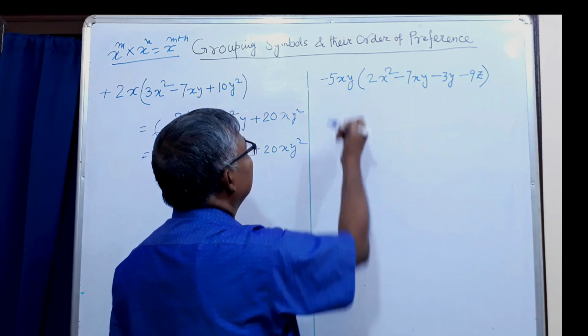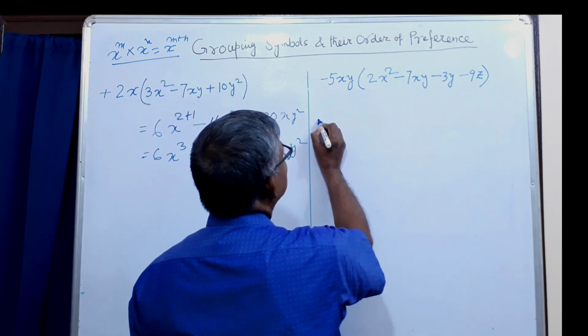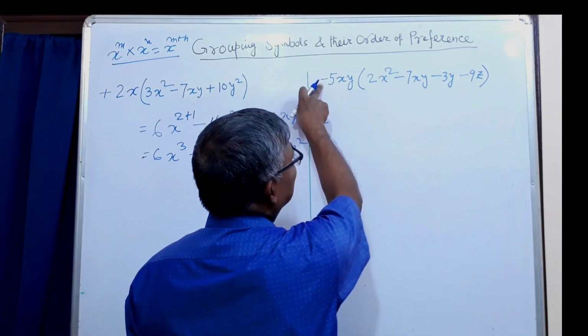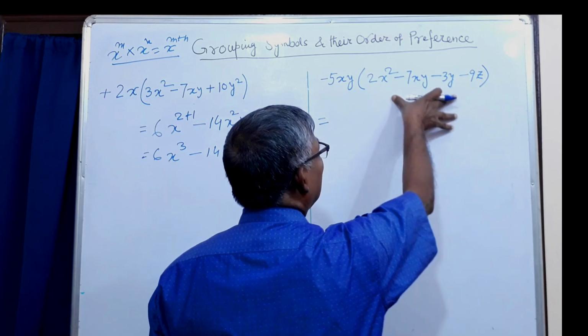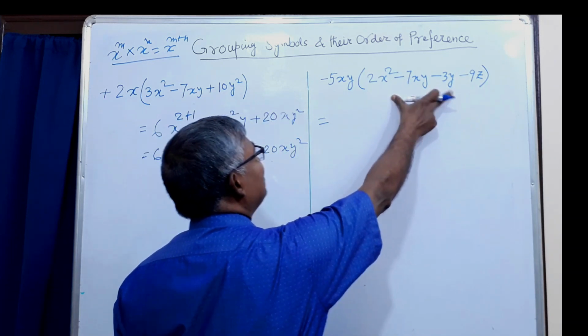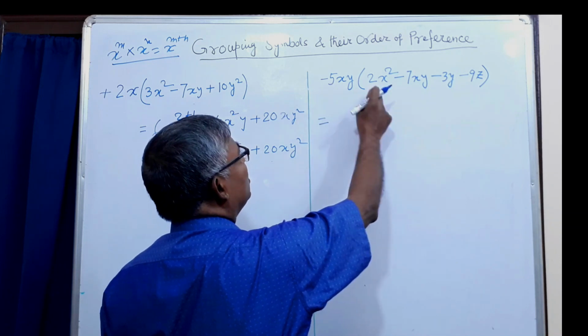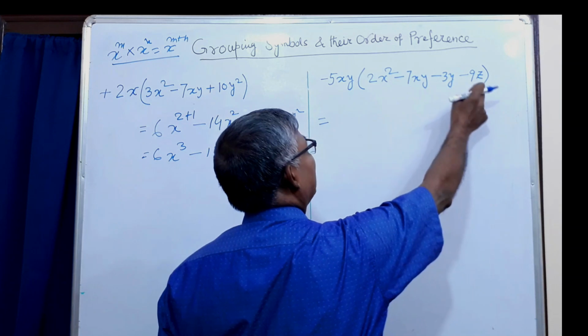Now let us see what would be here. Here you see there is a negative sign, and inside this, whatever will be the sign, since this expression is multiplied by a negative number, each term would be changed their sign.